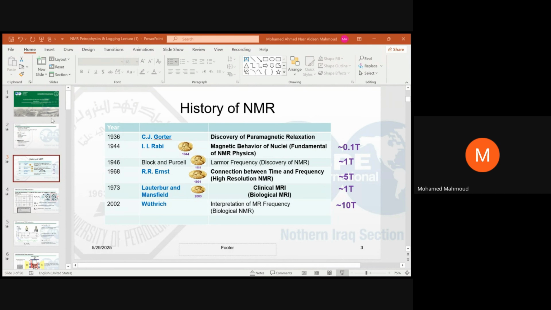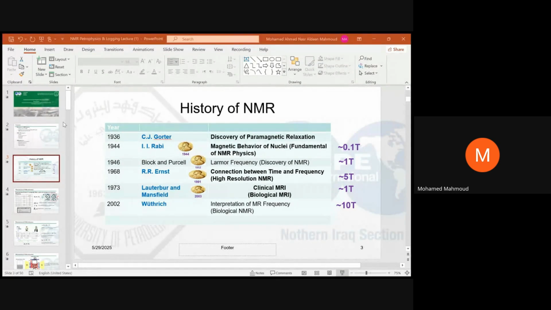In addition to the spin number, the nucleus should also have what we call the gyromagnetic ratio and abundance in nature. If you look at hydrogen, it has the highest gyromagnetic ratio and also the highest abundance among all; carbon 13 is very high as well. So we have to satisfy the 3 parameters.